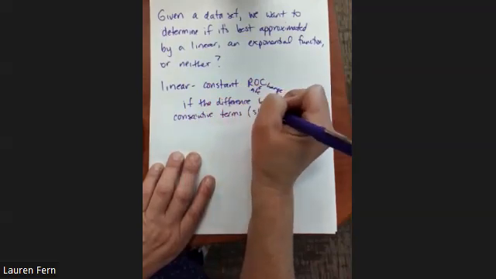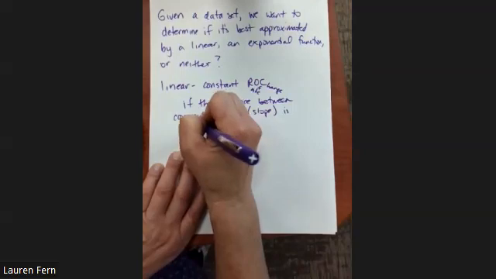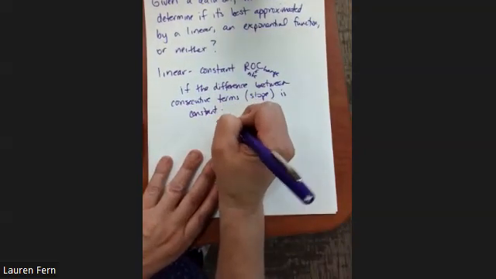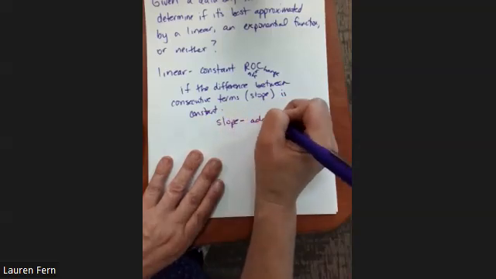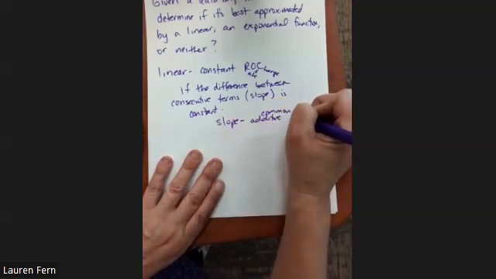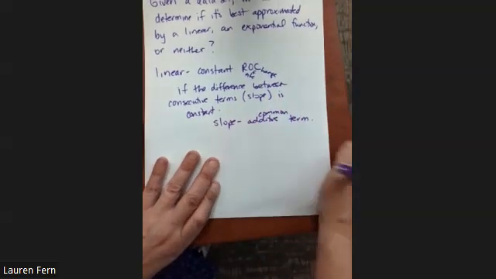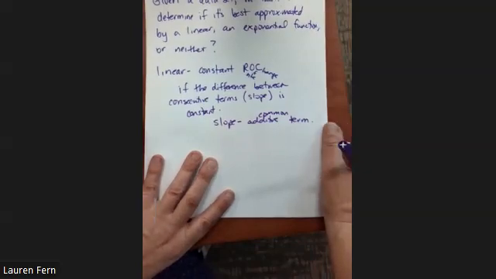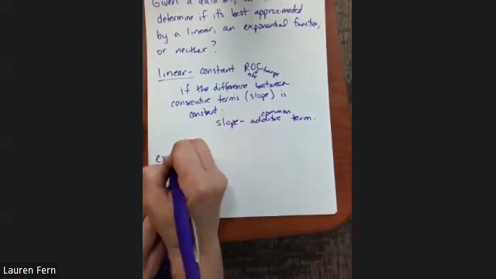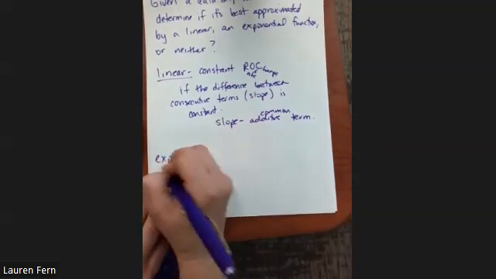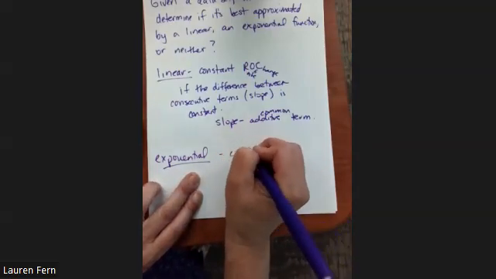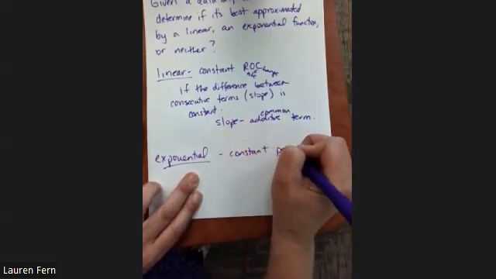i.e. the slope is constant. And for what it's worth, we say that our slope then is the common additive term. On the other hand, we know we have an exponential function if it changes by a constant percentage.